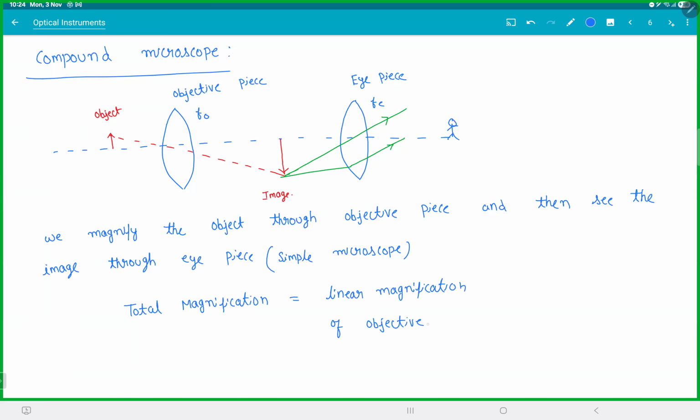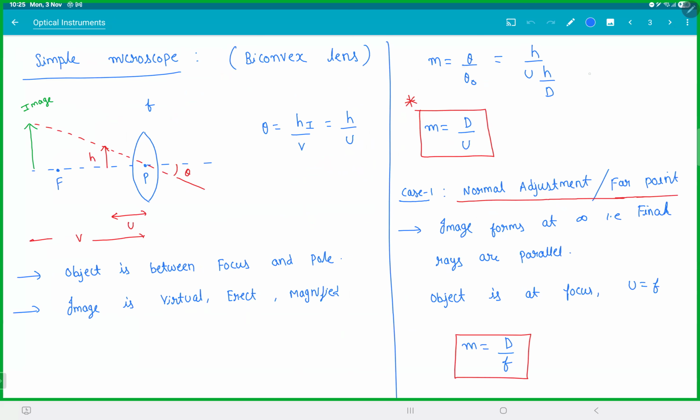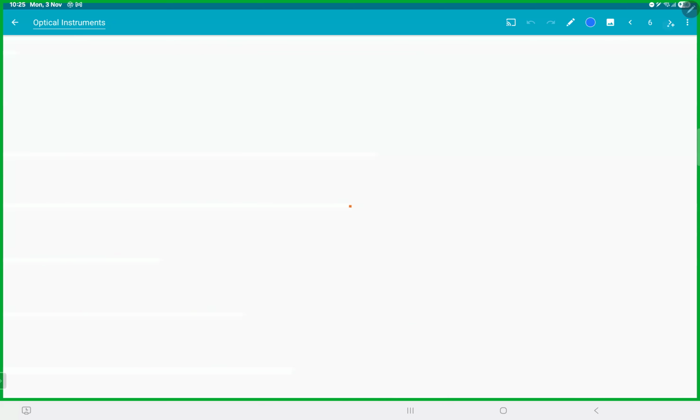You can actually make the objective also create a virtual image, nothing wrong, but yeah. What is the linear magnification formula? Sorry, V naught by U naught, image distance by object distance. Angular magnification is D by UE. How did I get that? Remember the formula for simple microscope, D by U. So your linear magnification is V naught by U naught, and your angular magnification is D by UE.